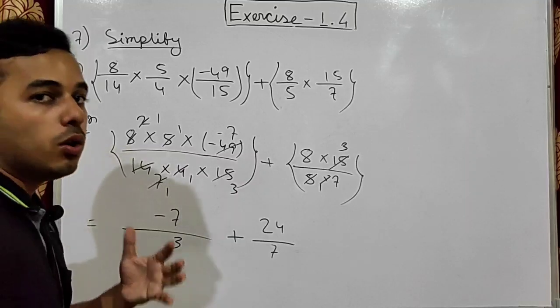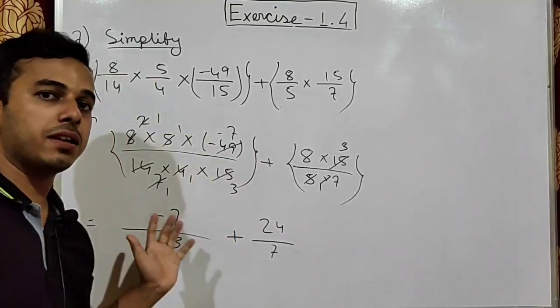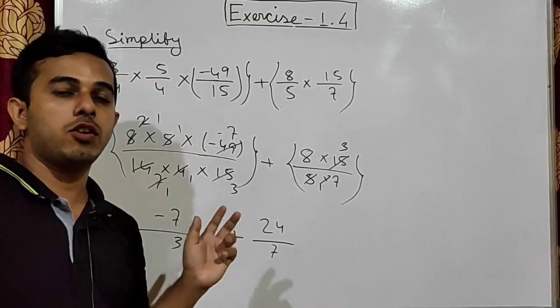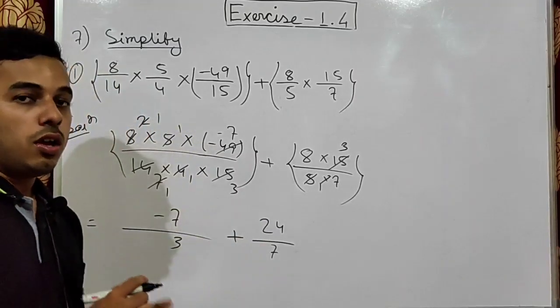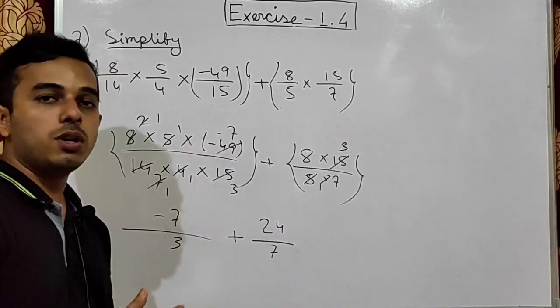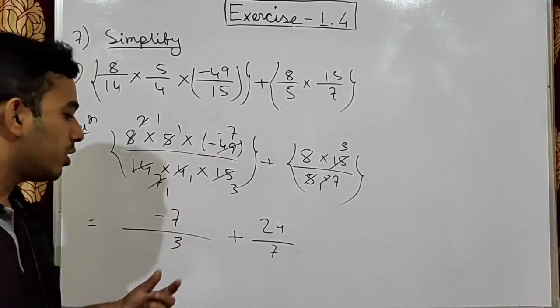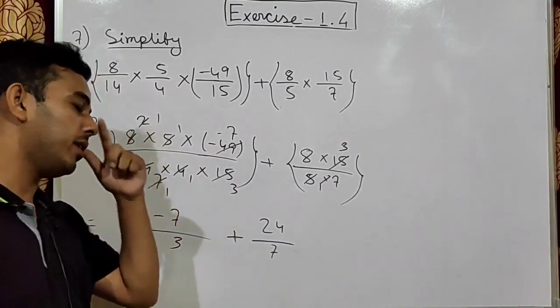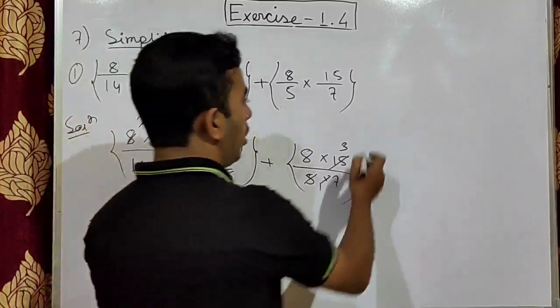Now finding the sum is not similar to the product. We know for finding the sum, we have to first make their denominator same, right? So here the denominator is 3 and this is 7. So we will take their lowest common multiple.